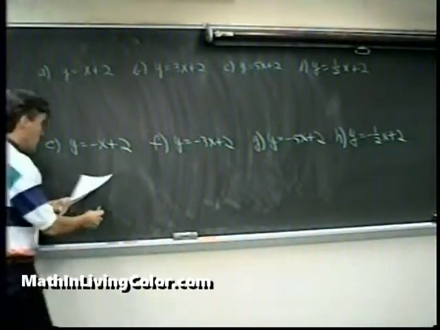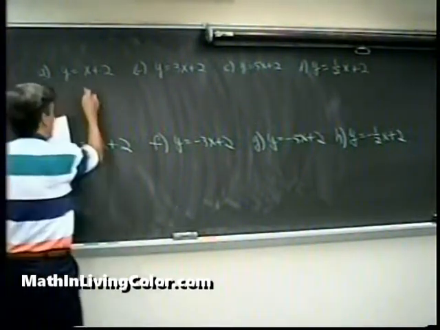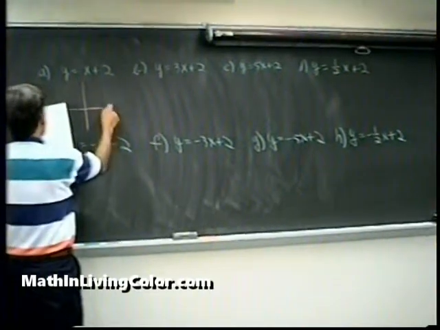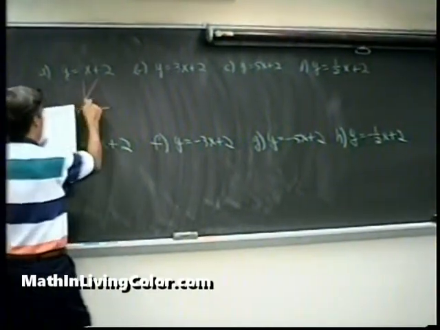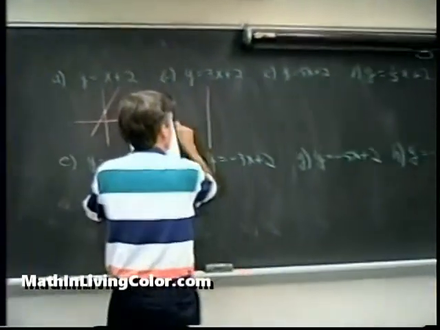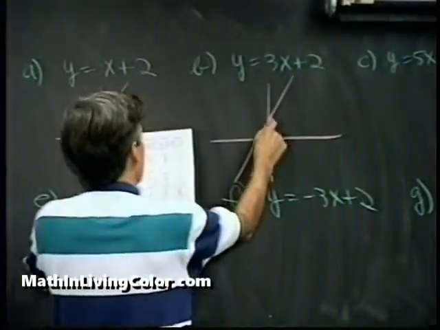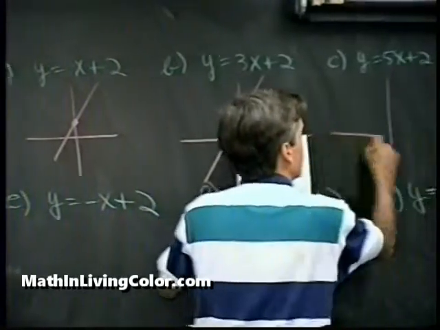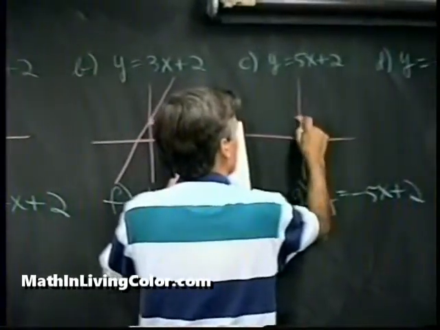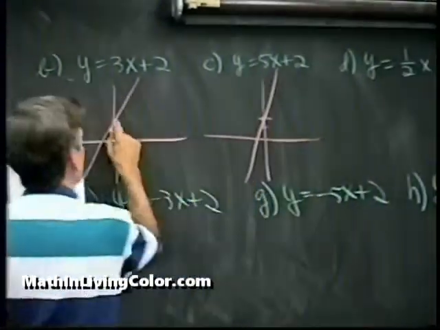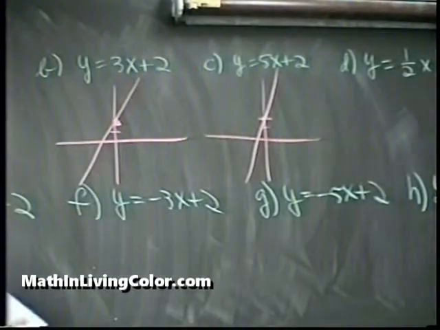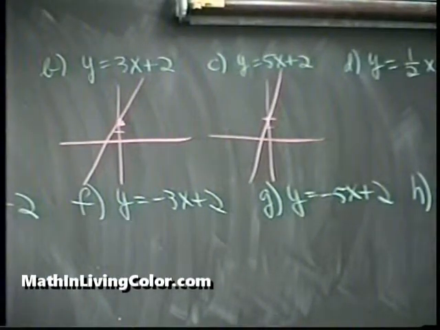All right? Now, look at each of those graphs and tell me, what do each of those graphs have in common? Let me do just a couple of them. I don't have time to graph all of these up here, but what do they have in common? Here's a very steep graph. Every one of these graphs does what?